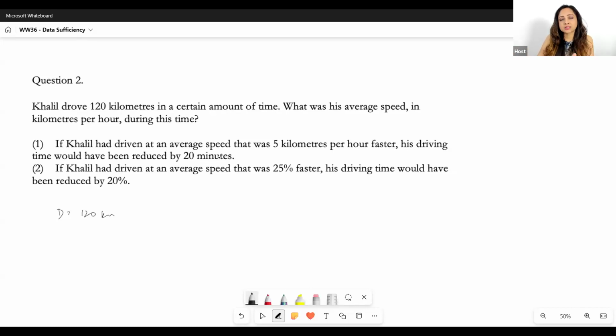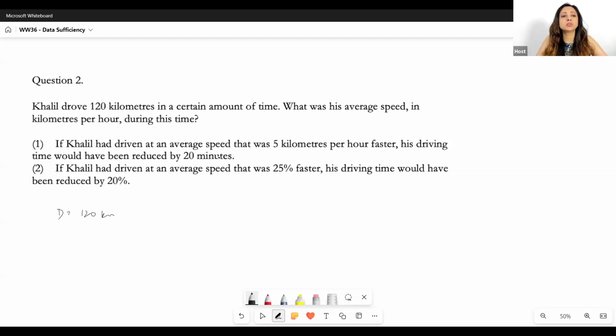Because when S, let's say, increases by 5, it's not a definite ratio increase. It's not a definite percentage increase. What percentage increase it is depends on what the value of S is, right? So there we cannot use ratios. So here I see that I will have to take a variable and then solve the question.